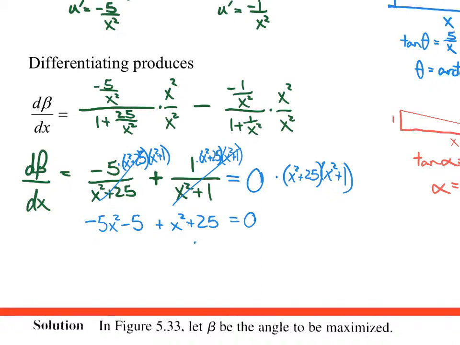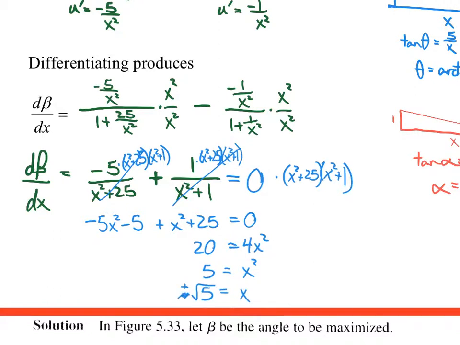And now it's just a matter of solving. I've got a 20 here, I'll take the x squared to the other side, I get 4x squared. X squared is 5, so x is plus or minus radical 5. I know it can't be negative because I'd be putting the camera outside the building, on the other side of the painting, and we'd be looking the wrong way.